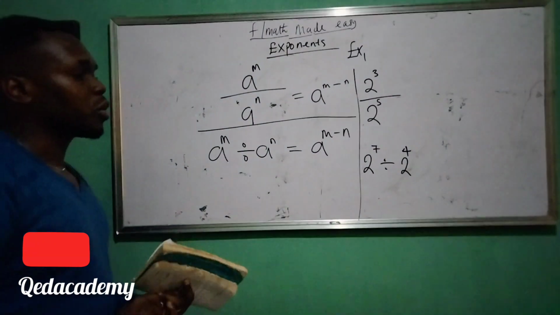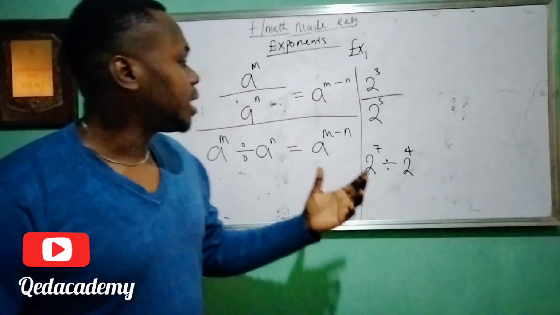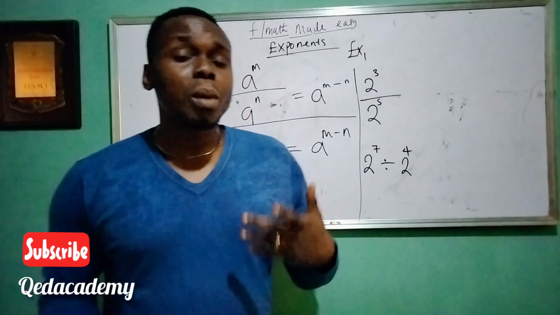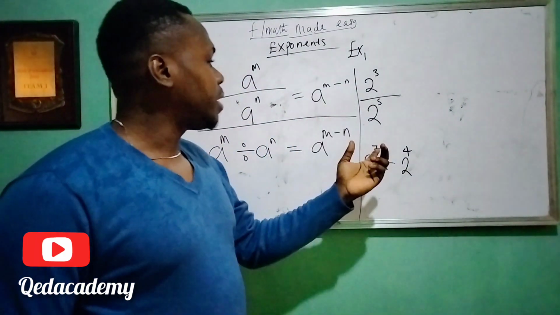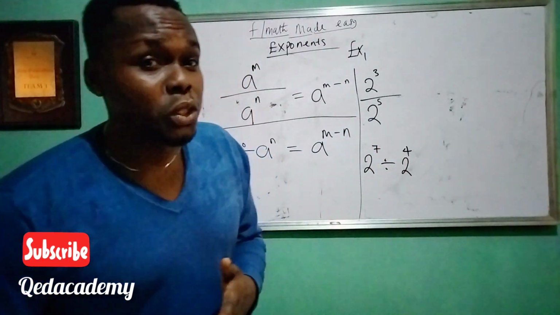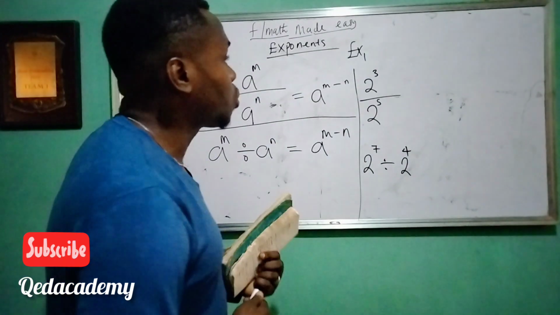Now you understand that I want to show you how you can manipulate this in case, because what you might be familiar with is when the m is bigger and the n is smaller, and some of us might get confused. So let me just quickly work this out.